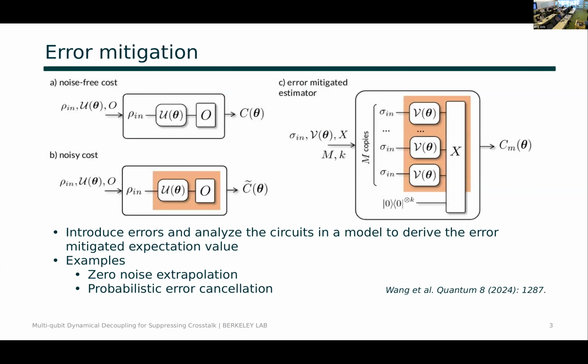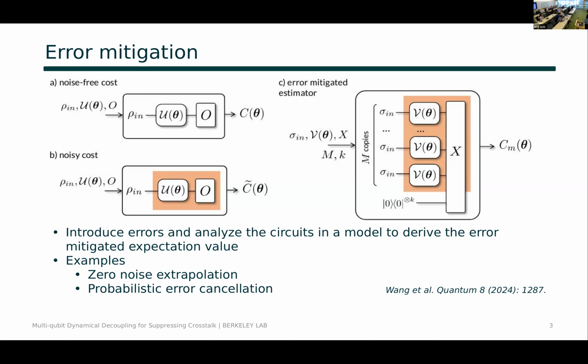Here is a nice figure to show the framework of error mitigation. If there is no error, we will just get our noise-free expectation value C(θ). But we know that noise exists in the quantum hardware, so we will get this noisy expectation value C̃(θ). If we want to do error mitigation, for example, we can prepare different initial states, change the implementation of the circuits, change the measurement basis, or introduce some ancillary qubits.